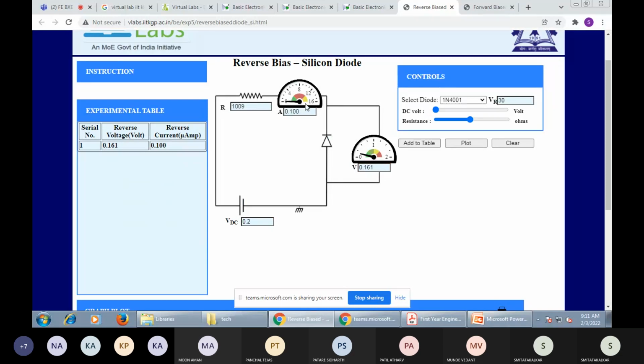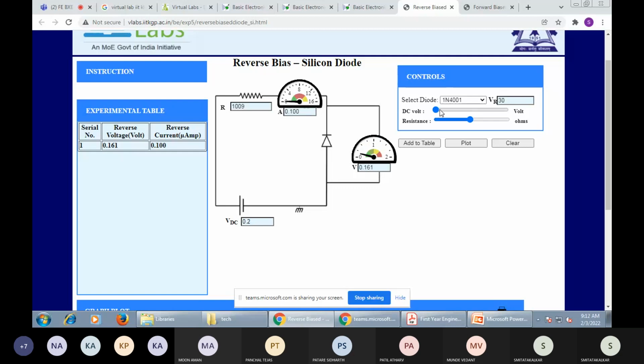The ammeter reading is constant because the diode is an off switch and the barrier potential width increases. That's why in reverse bias the diode is an open switch until breakdown voltage. Voltage is breakdown and current is constant.